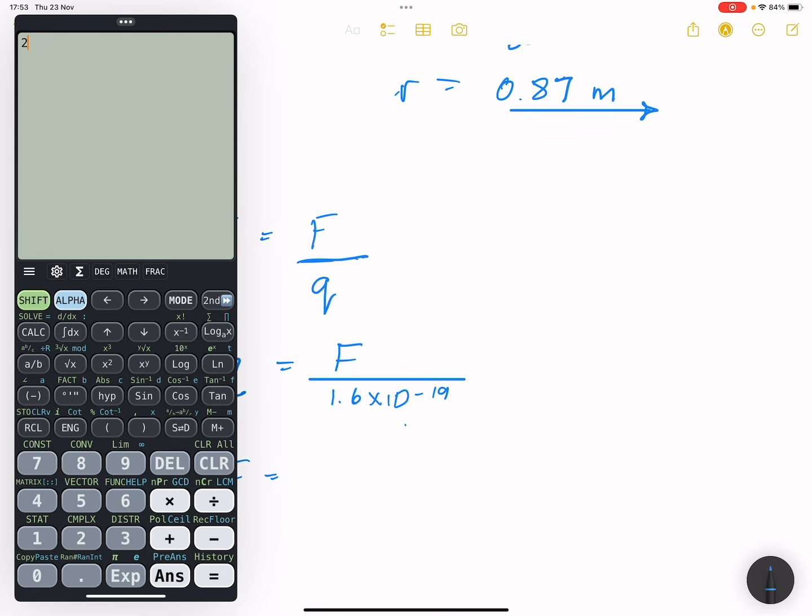So we've got 27 times 1.6 times 10 exponent negative 19. So that would be 4.32 times 10 exponent negative 18.